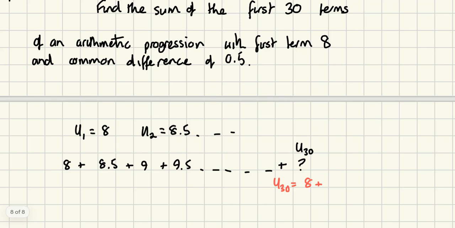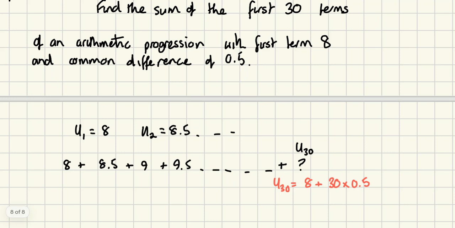Well, let me just ask you that. Is it going to be 30 lots of 0.5? I know it's the same thing, but is that correct? Do I start at 8 and add on 0.5 30 times to get to the 30th term? The first term is 8. You start at 8 and add 0.5 until you get to the 30th.